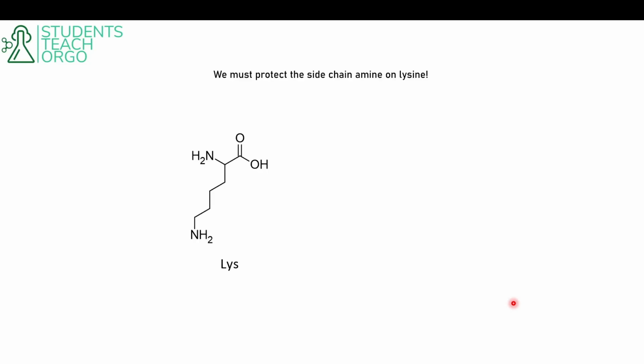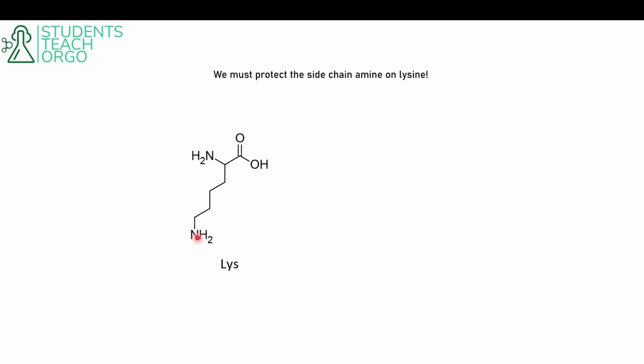One more thing about using Boc is that we must protect the side chain amine on lysine. So you'll notice here, this is lysine, this is another common amino acid, and this has two amine groups, right? It has the amine that's closer to the carboxylic acid carbon, which all of the amino acids have, but lysine also has this free amine out here in its side chain.